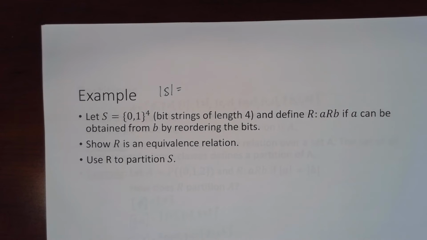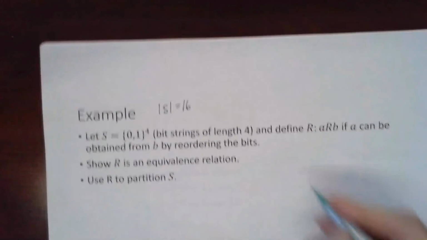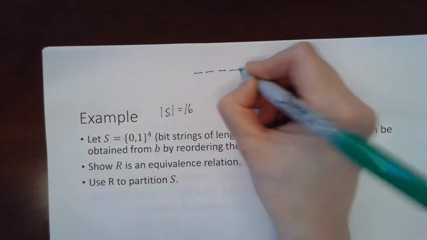Somebody whispered it. What is it? You guys haven't had enough binary stuff in your lives to just know this off the top of your head. 16. Yes, 16. You've got 1, 2, 3, 4 slots.